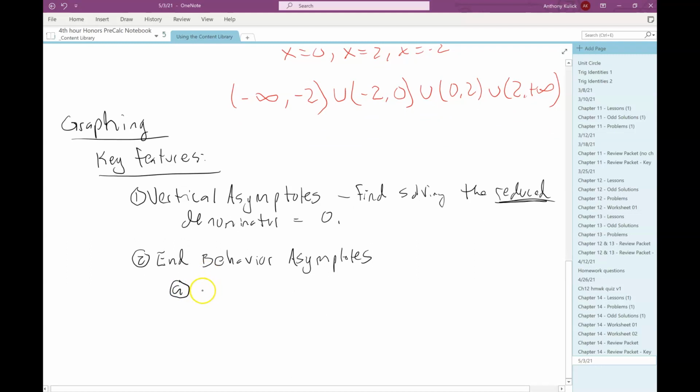The first one is if the degree of the numerator is less than the degree of the denominator, then our end behavior asymptote is at y equals 0.